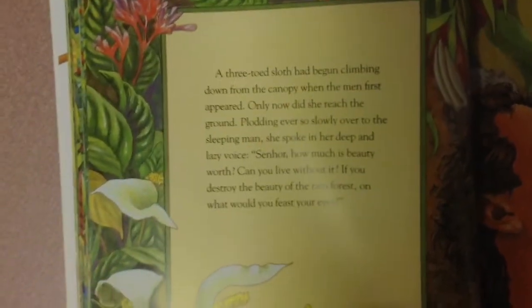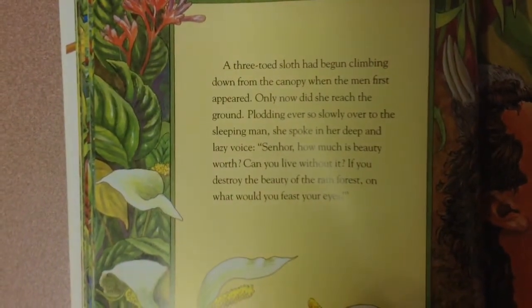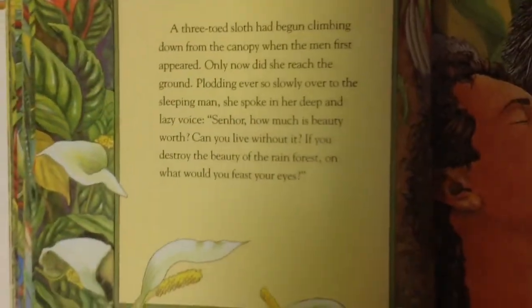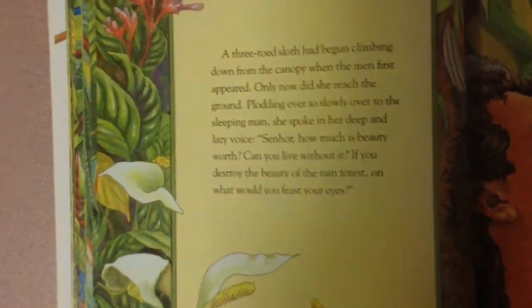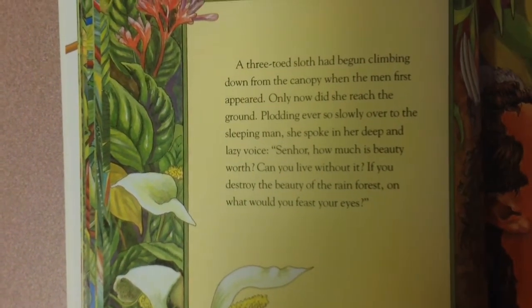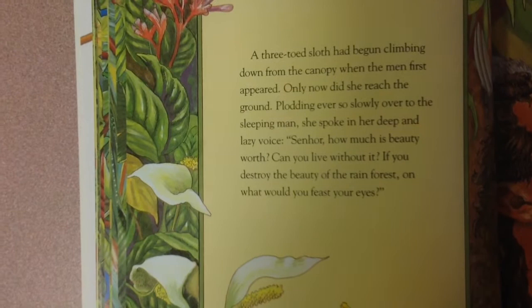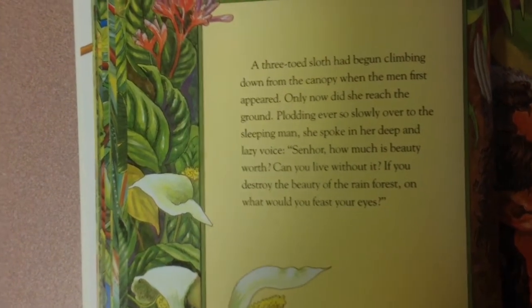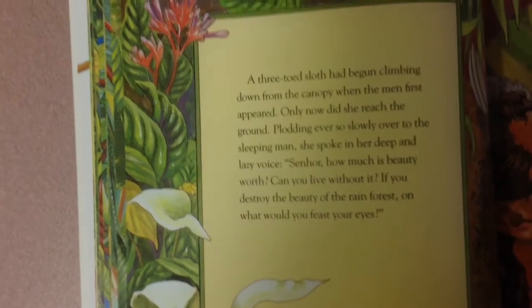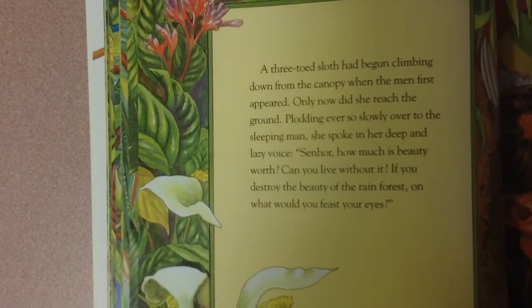A three-toed sloth had begun climbing down from the canopy when the men first appeared. Only now did she reach the ground. Plodding ever so slowly over to the sleeping man, she spoke in her deep and lazy voice. "Signor, how much is beauty worth? Can you live without it?